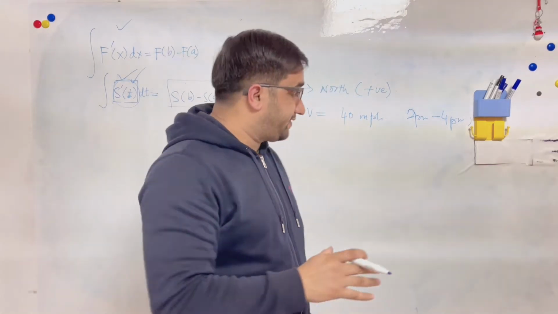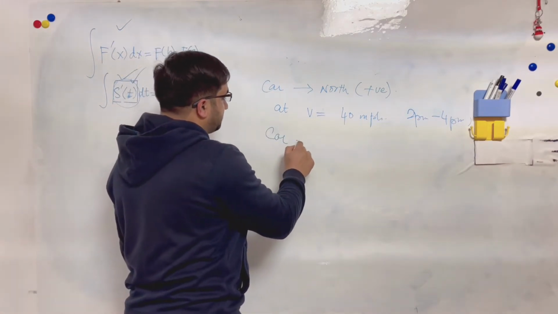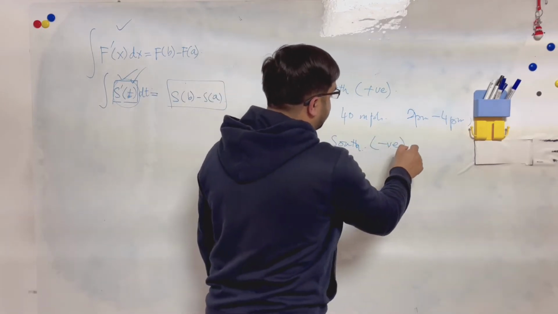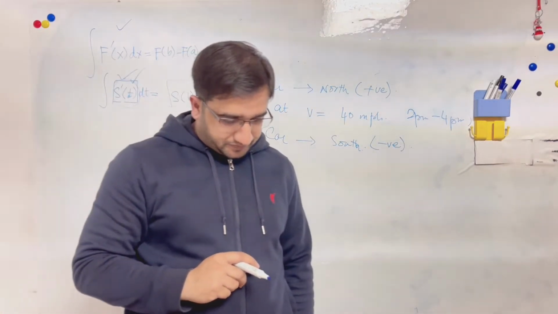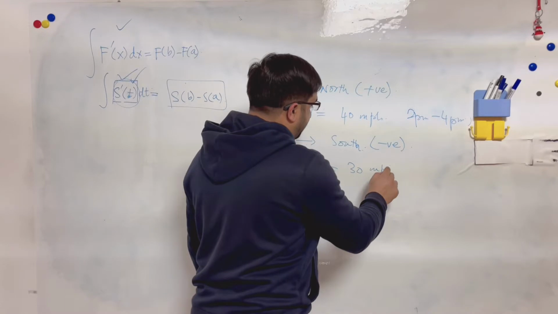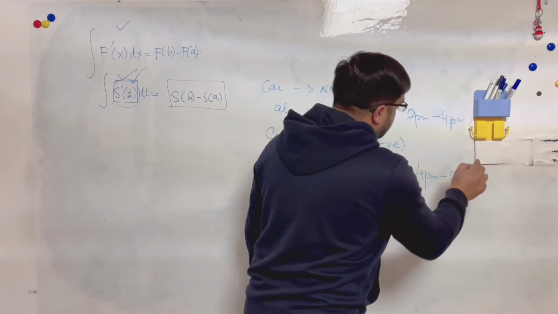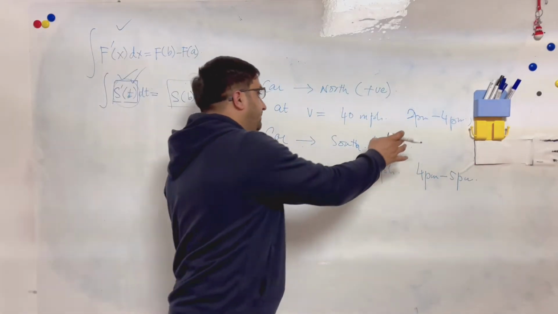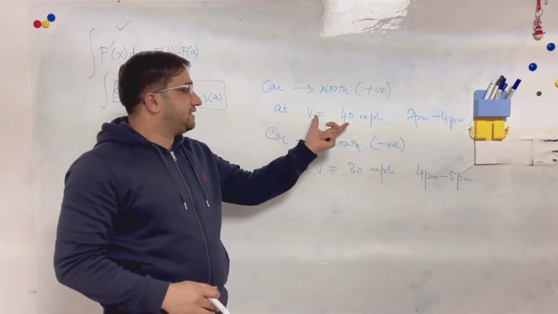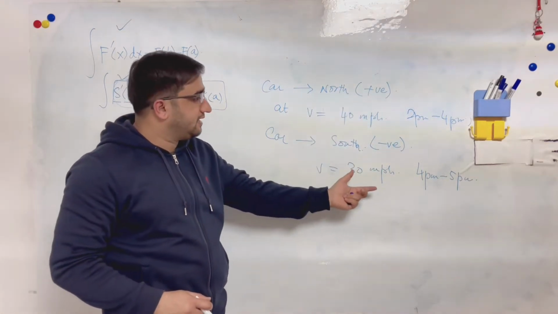Then after 4 p.m. the car starts moving towards the south. Now the north was positive and south is the negative direction. And the speed is 30 miles per hour in between the time 4 p.m. to 5 p.m. So a car started traveling at 2 p.m., but during those 2 hours from 2 p.m. to 4 p.m. it was moving with this speed, 40 miles per hour towards the north, which is the positive direction.